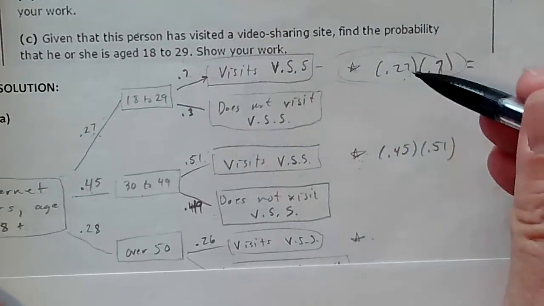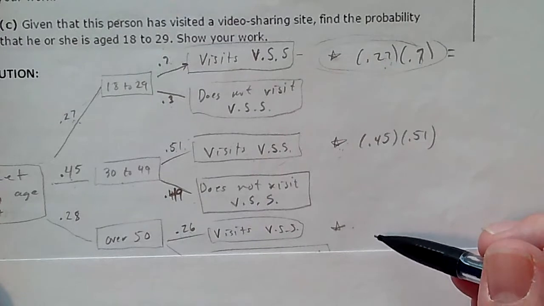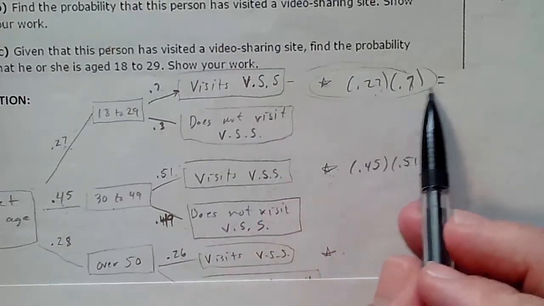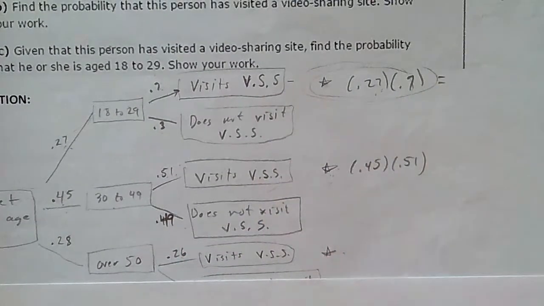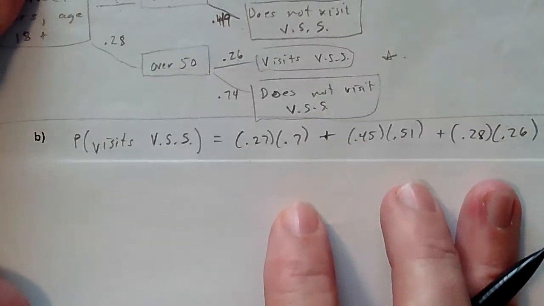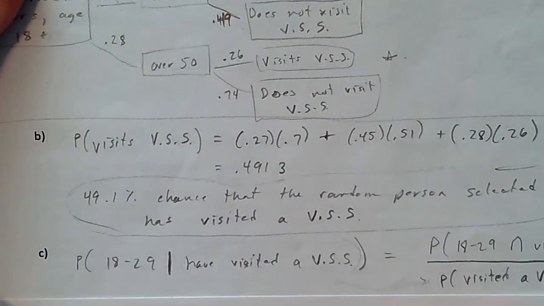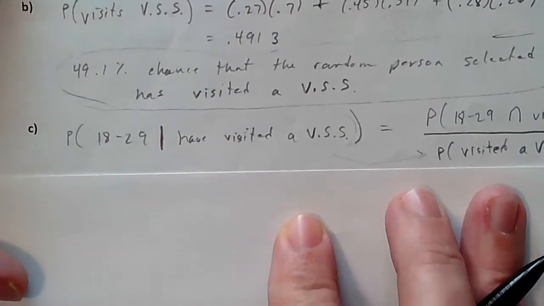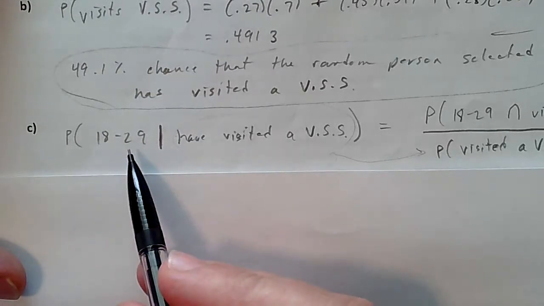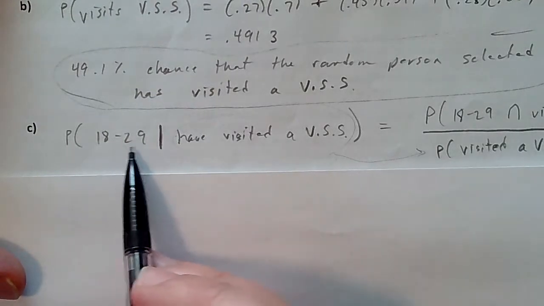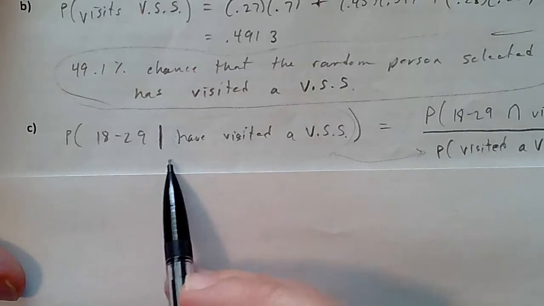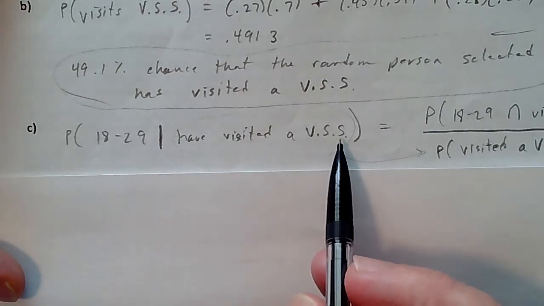It's already these three things. Now we have to find the probability that they were just in this age group. So it's this group divided by all of it. Here's the formula we're using. Here's what we should write down. This is what they're asking: the probability that they're in this age group given they have visited a VSS.